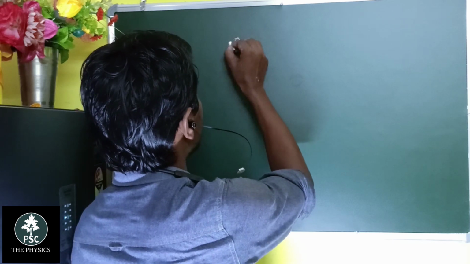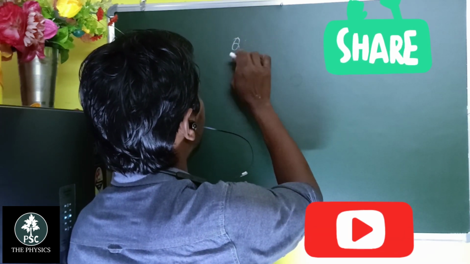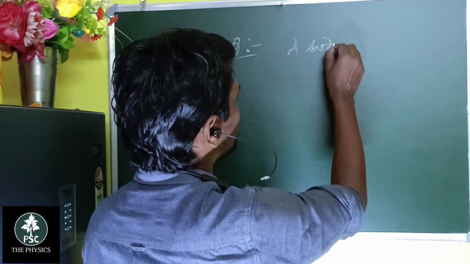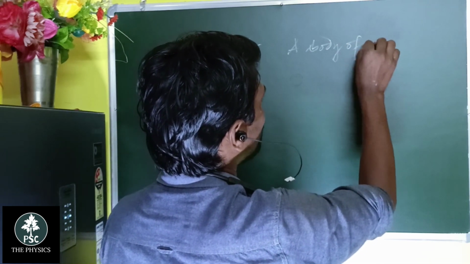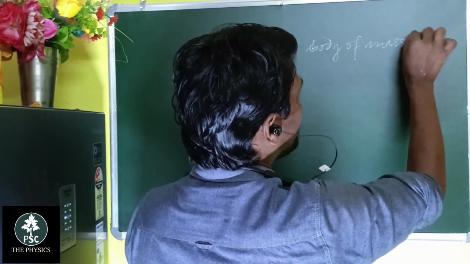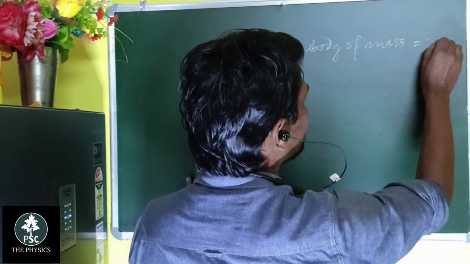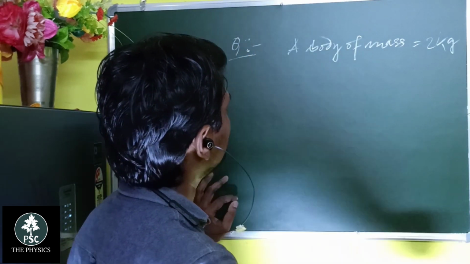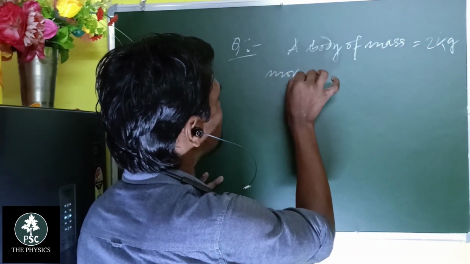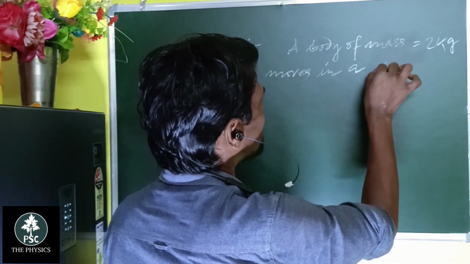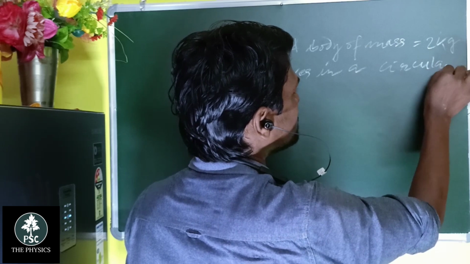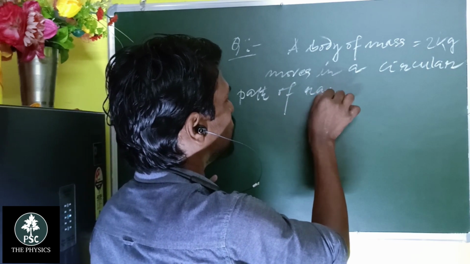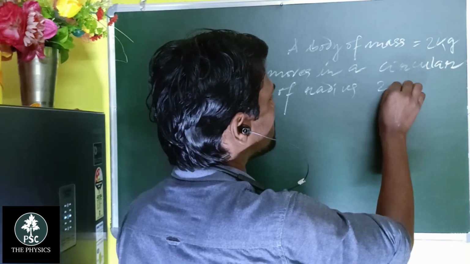Okay, so take a question. A numerical one. A body of mass m equal to, suppose, 2 kg moves in a circular path of radius 2 meter.